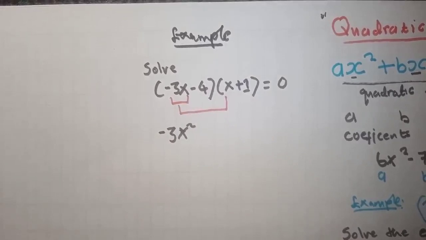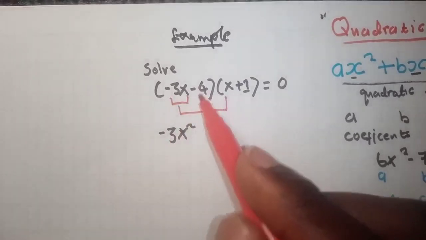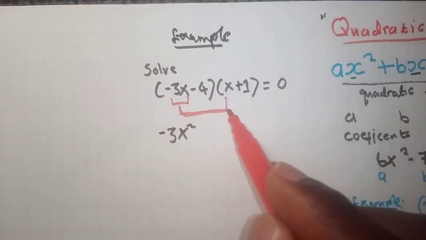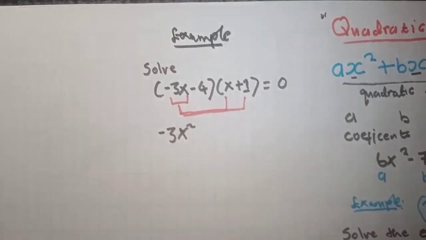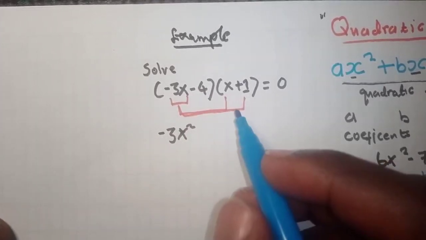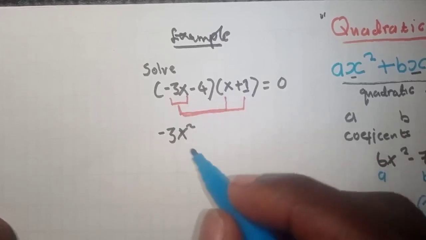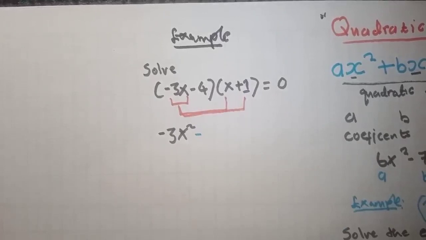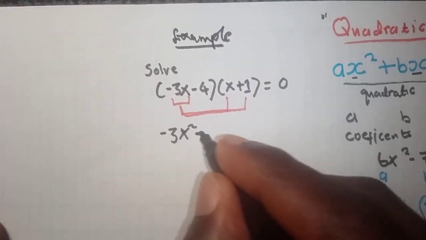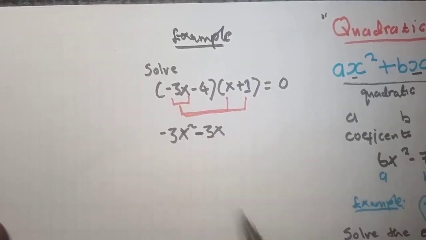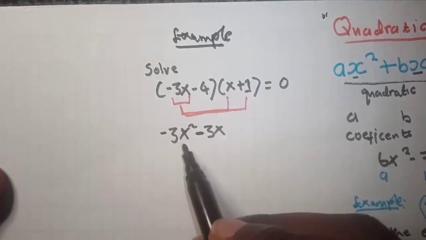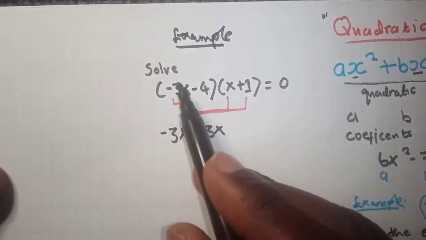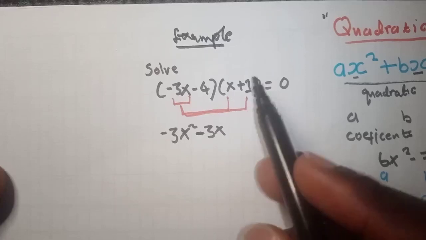And then negative 3x times positive 1: when you multiply 1 with anything, it gives you itself. So we get negative 3x again. So you've multiplied the negative 3x with all the numbers on this side.